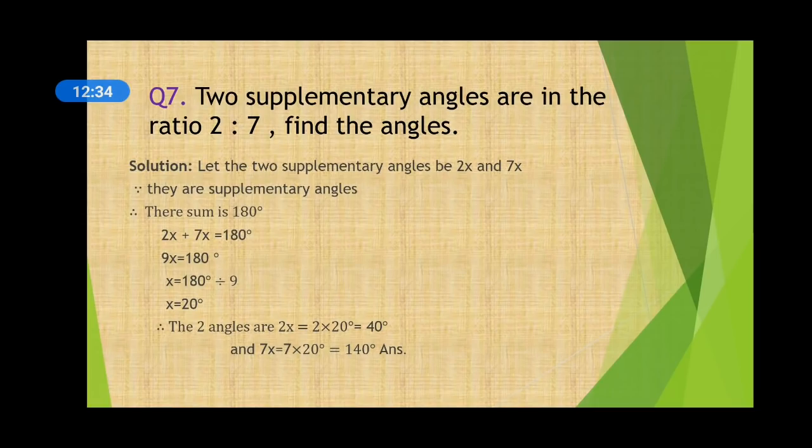So you'll get the value of x as 180 divided by 9, that is 20 degree. Now put this value of x in the angles: 2x means 2 into 20, that is 40 degree, and 7x means 7 into 20, that is 140 degree. Hence we get the two angles as 40 degree and 140 degree. That is the answer.